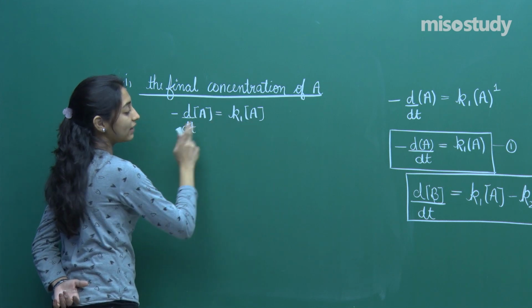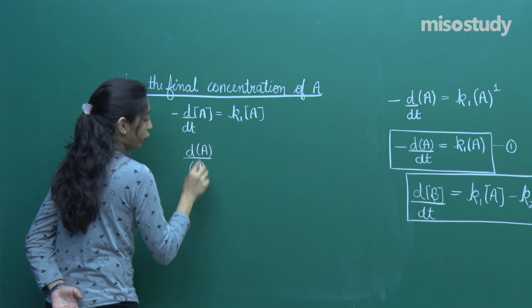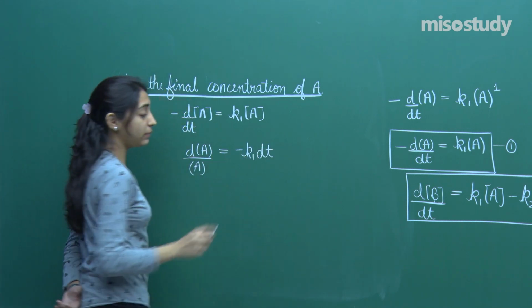So now I'll say take this A to the left hand side. You will get dA by A is equal to minus K1 times dt.